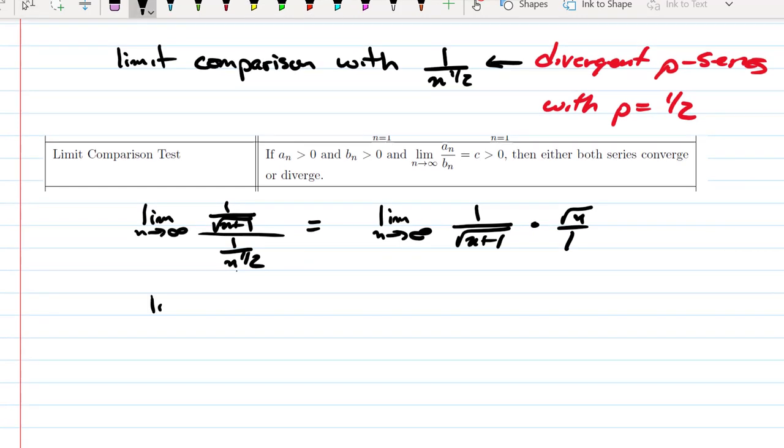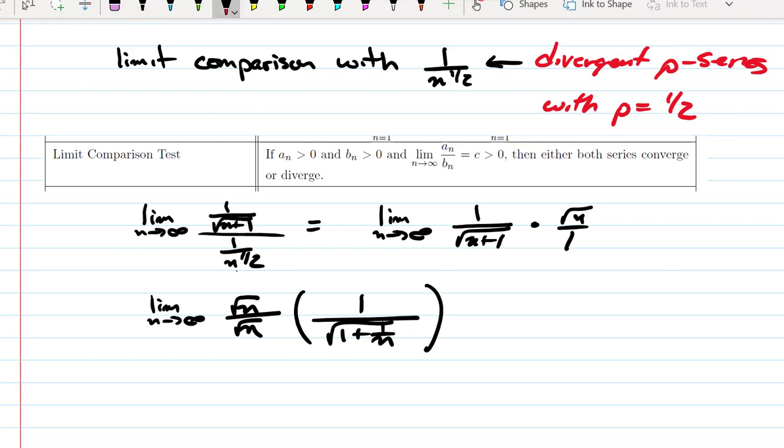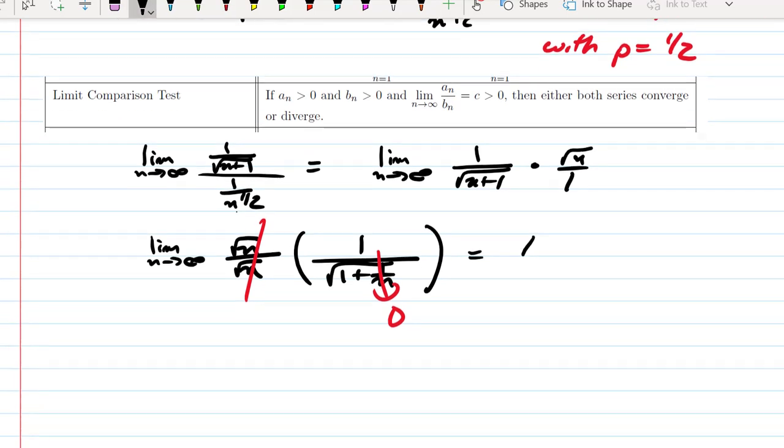If we factor a square root of n out of each of these, in the top that leaves behind a 1, and in the bottom that leaves behind the square root of 1 plus 1 over n. As n goes to infinity, that goes to 0. Those reduce out, so we get 1 over 1, which equals 1.